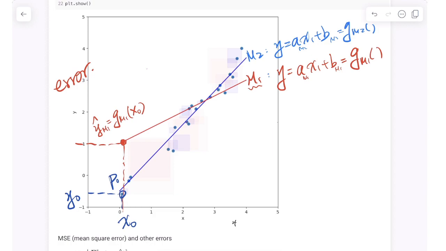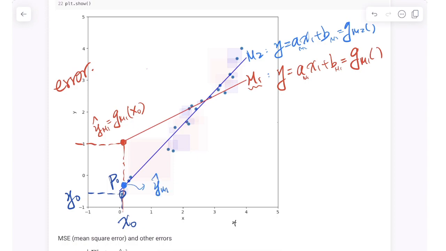But if you put x0 into the g M1 function, the result is y hat M1, which is g M1 of x0, the red one, right here. And for the blue one, it's right here.